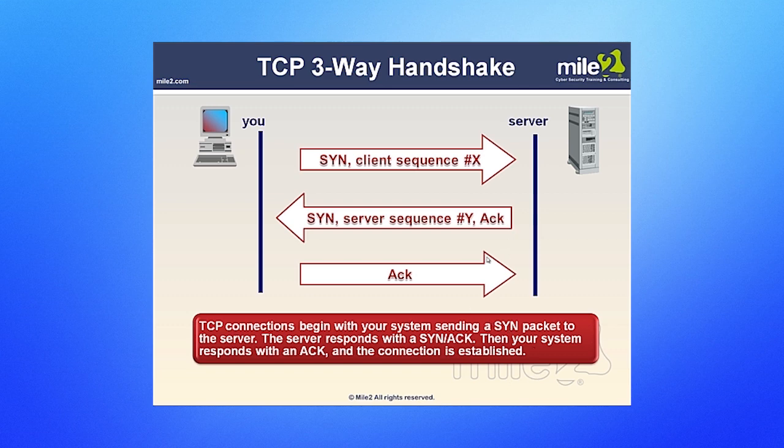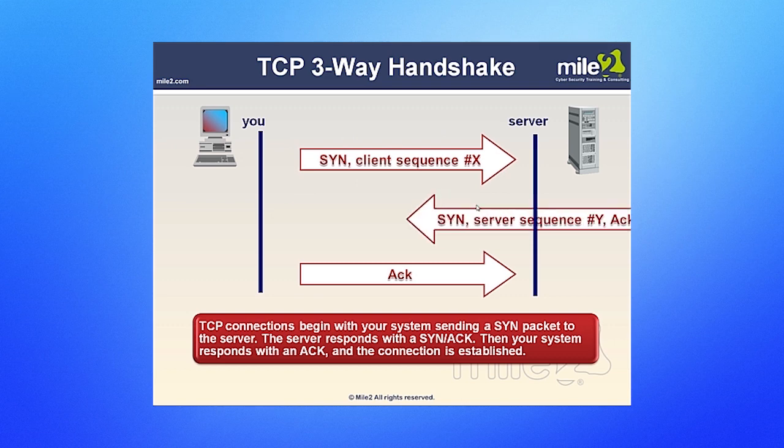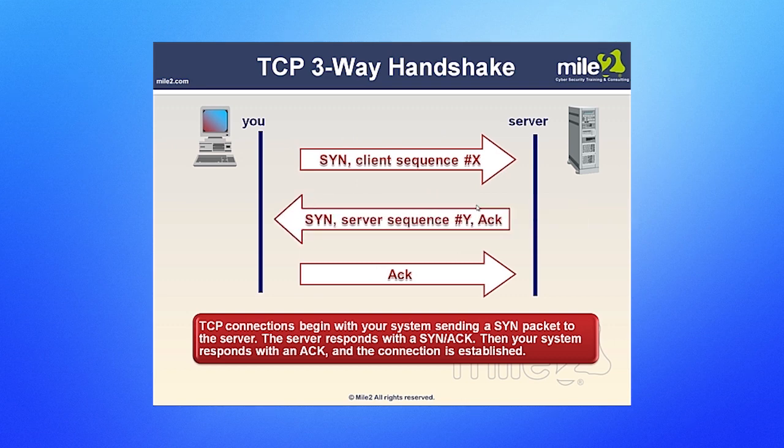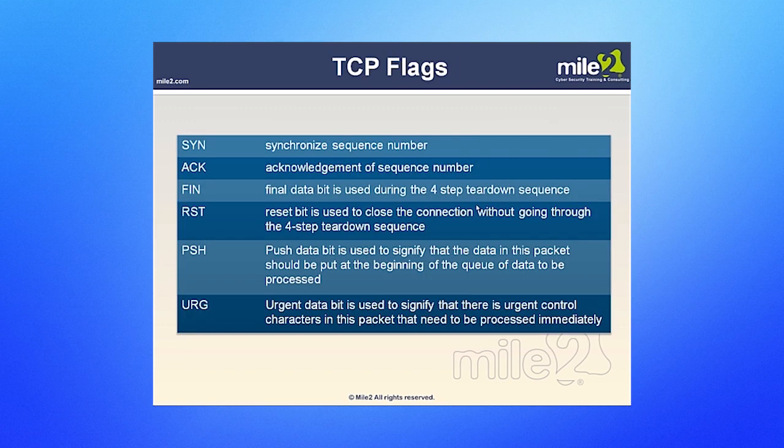So SYN, SYN-ACK, ACK. If you're using a tool like Wireshark, you would actually see the three-way handshake. There's you talking to the server, server talking back to you, and a final acknowledgement. If you're using Wireshark, used to be Ethereal, and you really look at some of the TCP traffic, you could see these flags.